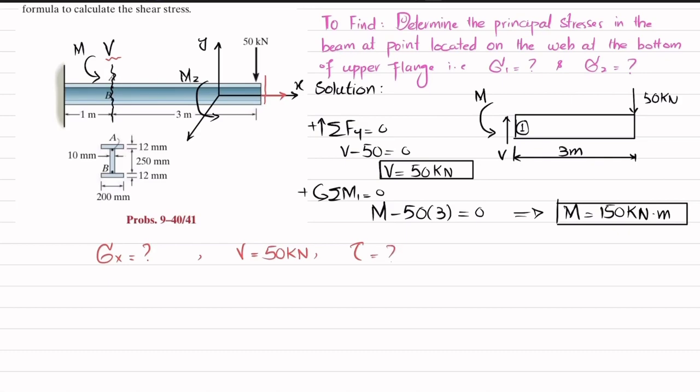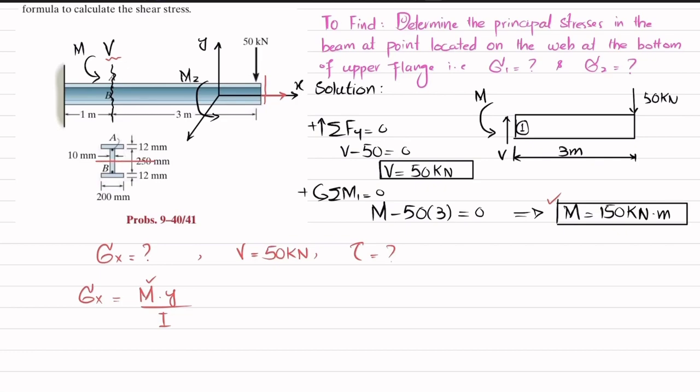So what we will do, we'll find this sigma x, and we know that sigma x is equal to M into y divided by I, where M is the bending moment, which we have calculated over here. Y is the distance from neutral axis till the topmost. So if you see, this is the beam, and it's symmetrical about this axis.